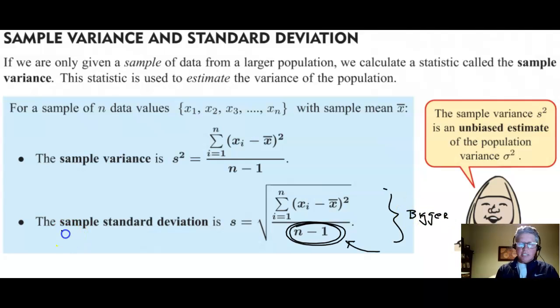We call this the sample standard deviation because when you have a sample trying to represent a population, maybe if we subtract 1, it'll make it a little bit bigger so it kind of covers the population.